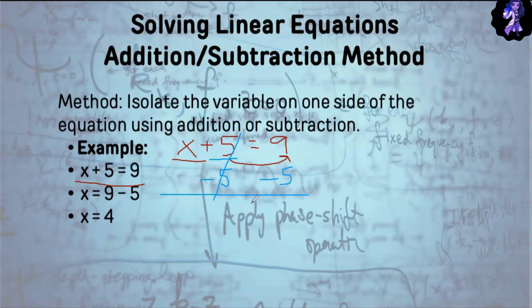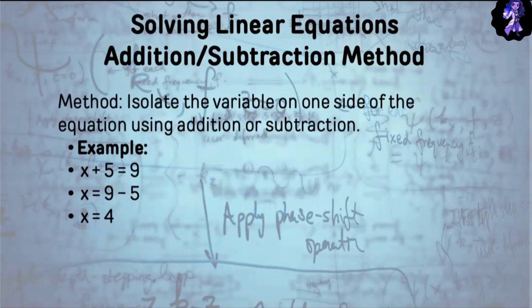You want to do the same thing to the opposite side. What you do to the left side, you have to do to the right side of the equal sign. 9 minus 5 is 4. You bring the equal sign down, and then you have x. So that's how we get x equals 4. This is the method for addition and subtraction.